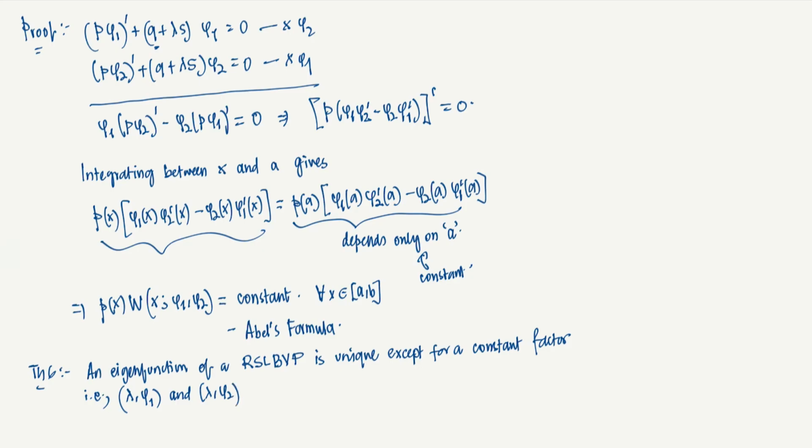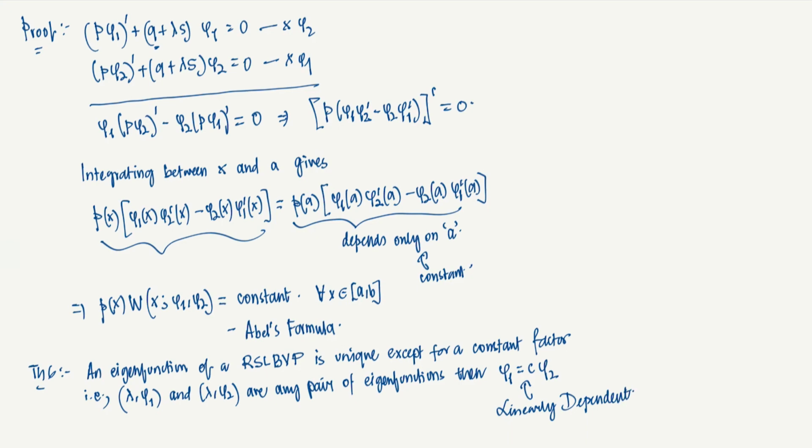So basically one lambda is there, and corresponding to that one lambda you have two different eigenfunctions phi1 and phi2. If this is the case, then what we can say is phi1 equals c times phi2. That is, they are linearly dependent. Yes, I hope this is clear.